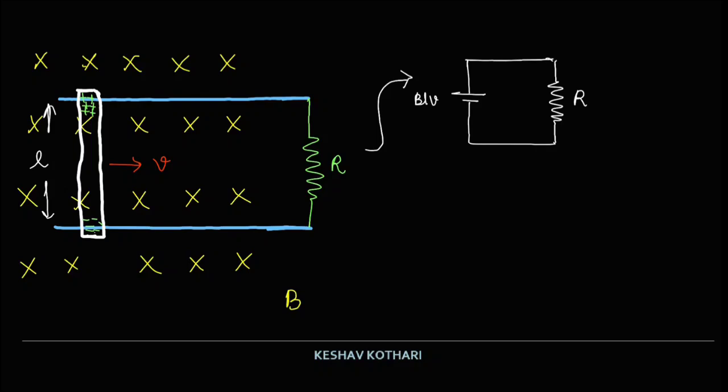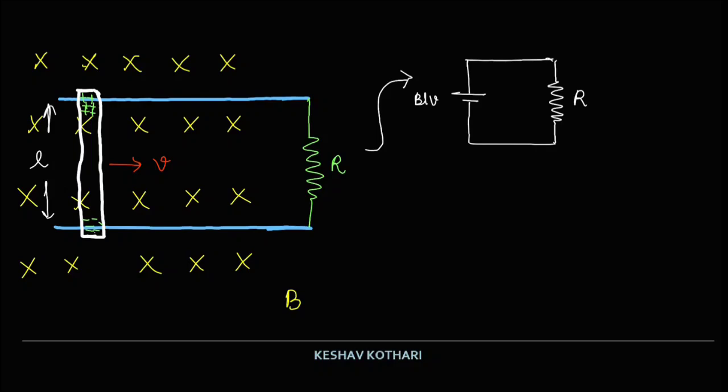Either we can do it in this particular way, or the other possibility is that we can apply Fleming's rule for this problem. Over here we are relying much on V cross B. If we determine the direction of V cross B, then we can replace it with a battery of EMF BLV.